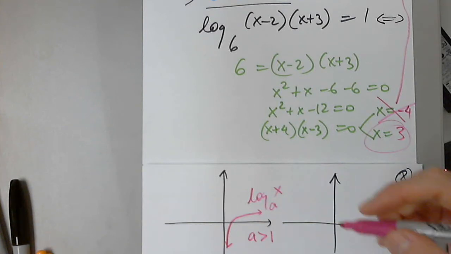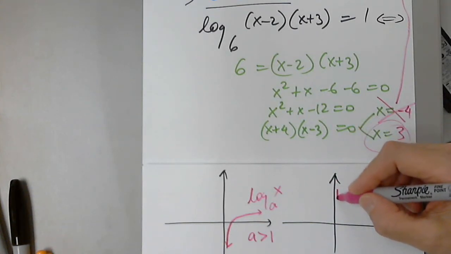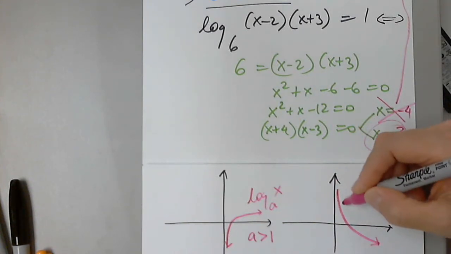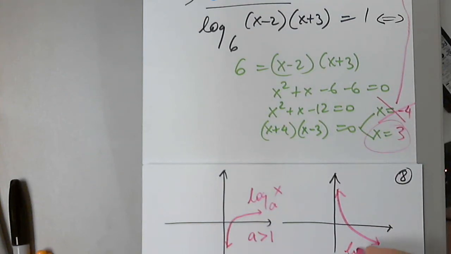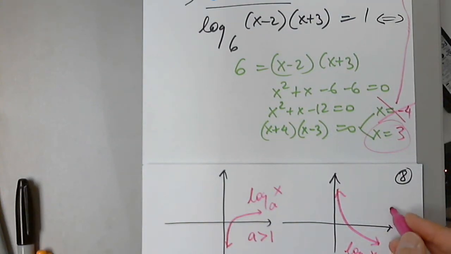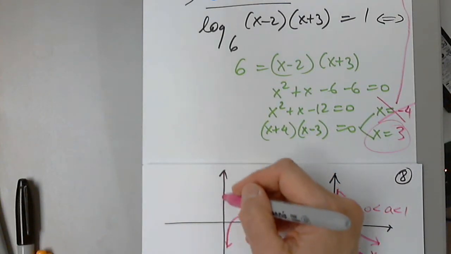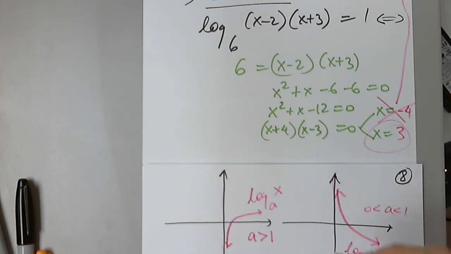And this is log base a of x for base between 0 and 1. As you see, this is a vertical asymptote. X cannot be 0. The domain of the log function is 0 to infinity. Very good question. Thank you. So please remember the graphs of the log.